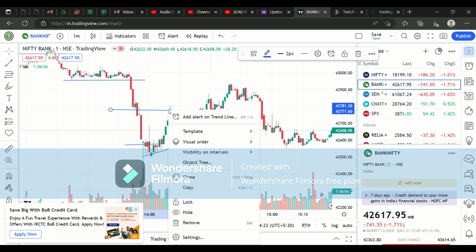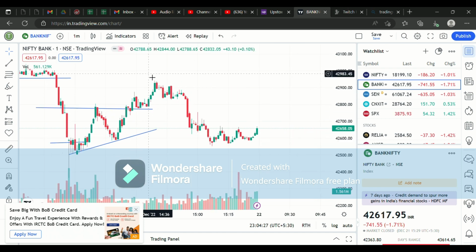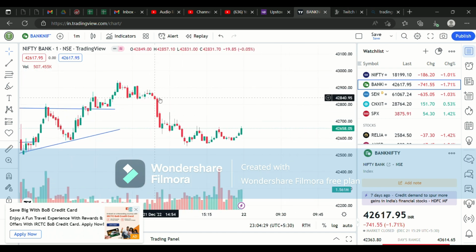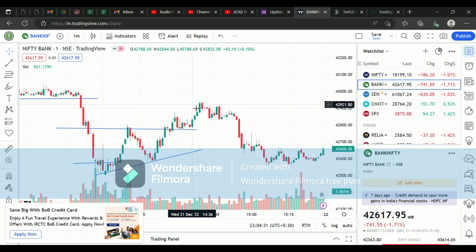But later on, as you can see, the market literally fell, and then it sustained over these points. This was firstly a support, but when it broke it became a resistance.